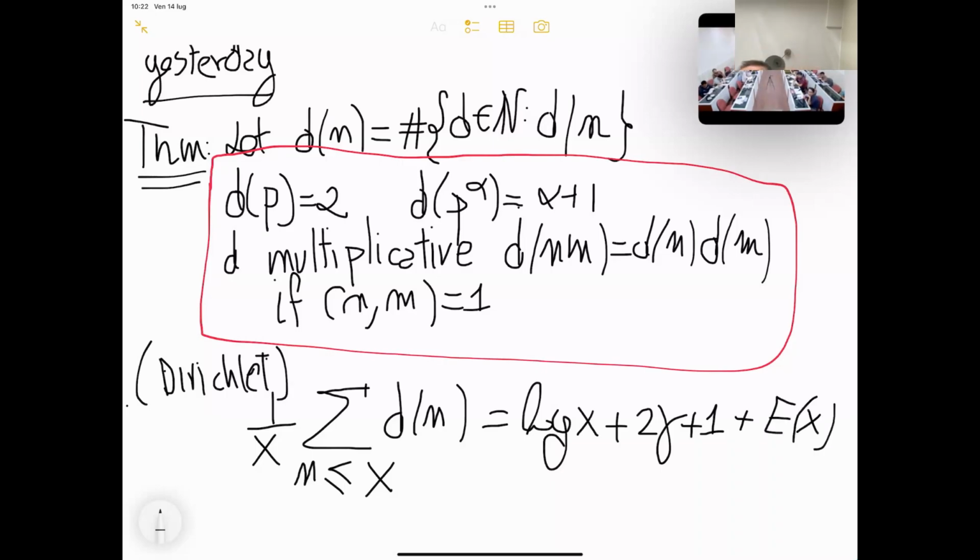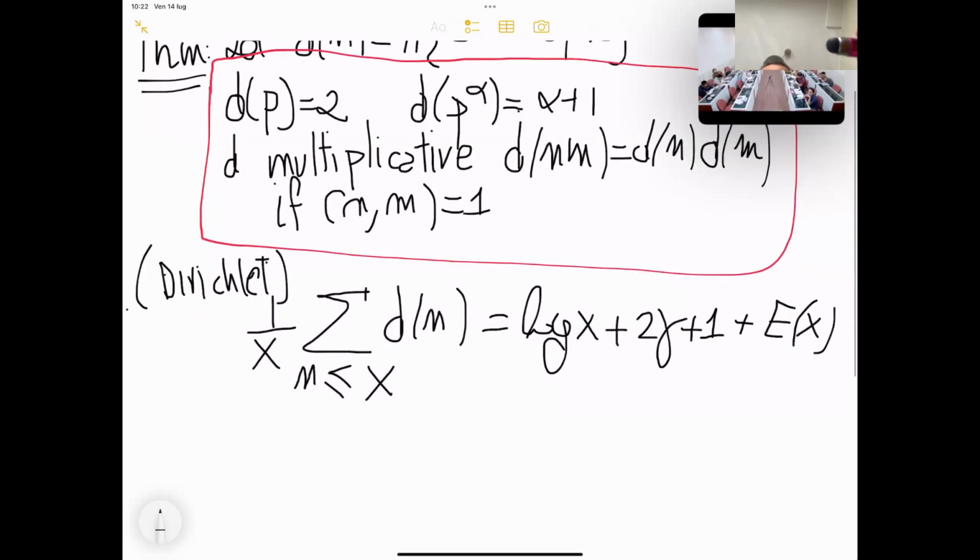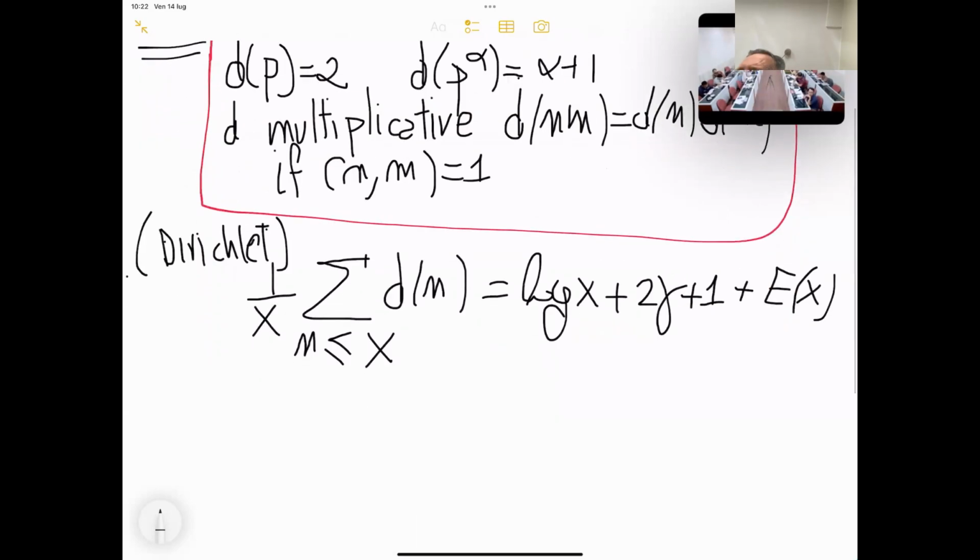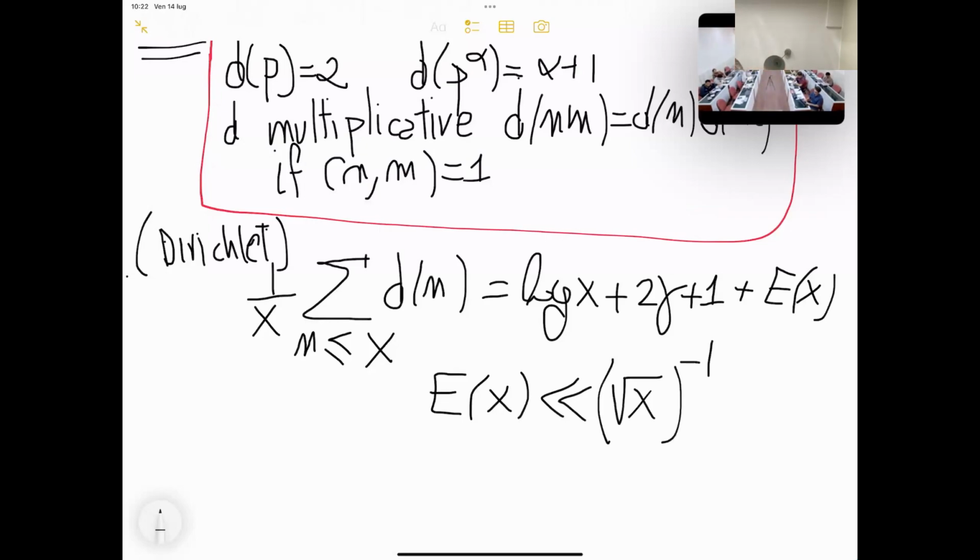And so if I write it like this, I haven't said anything yet, right? Because the e of x can be anything, but the important fact is that e of x is bounded, so it's less than a constant times square root of x to the minus 1, as x tends to plus infinity.